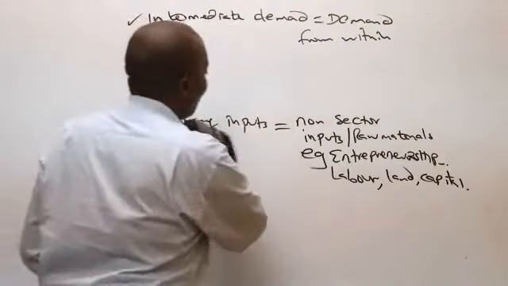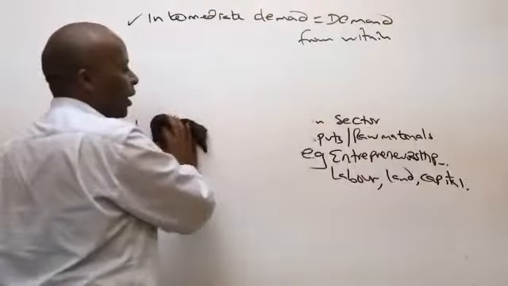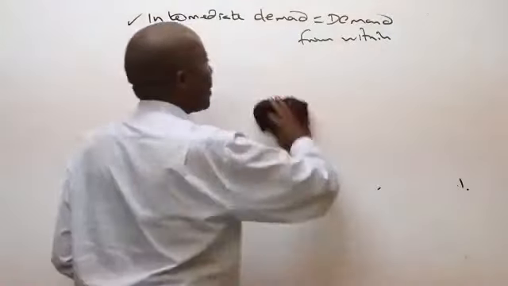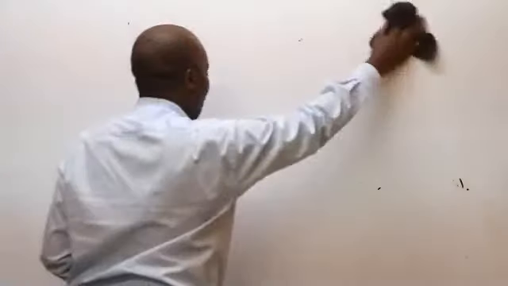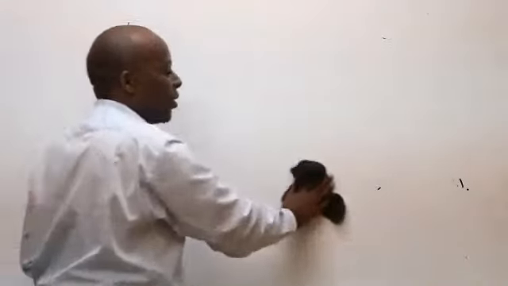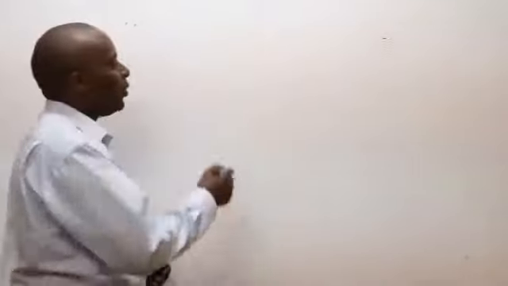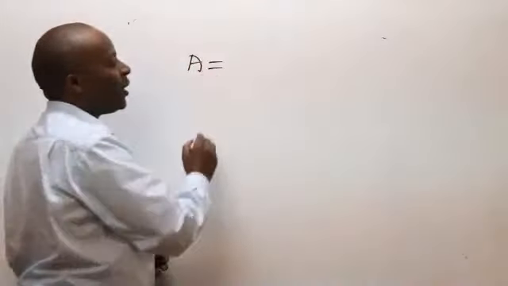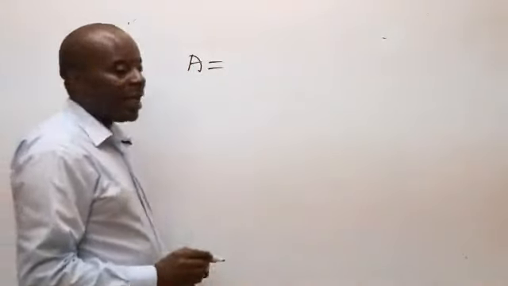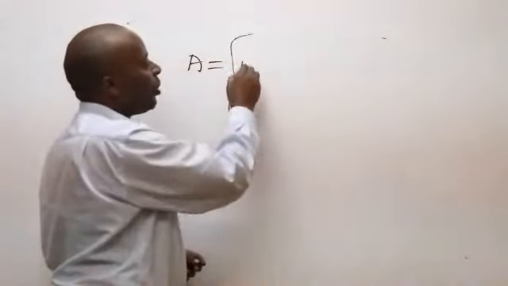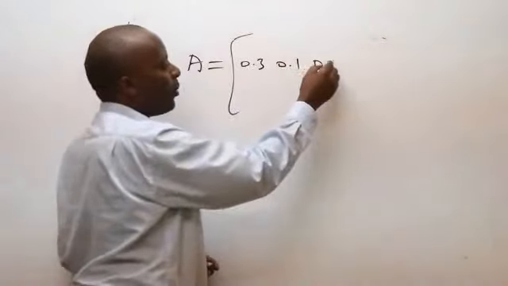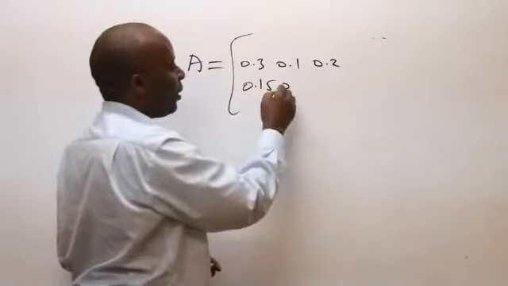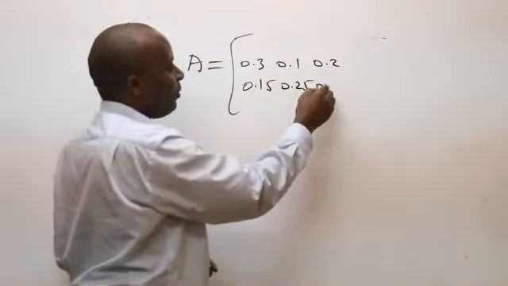If I was to be given a chance to set this exam of yours of August 30th, I'll come and give you a three sector thing. I'll come and give you A of 0.3, 0.1, maybe 0.2, 0.15, maybe 0.25, maybe 0.4.